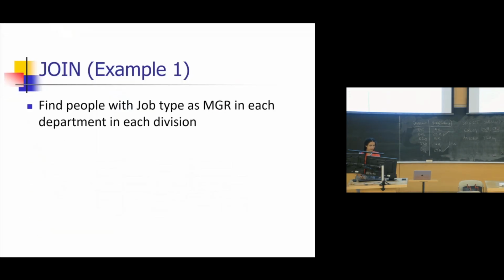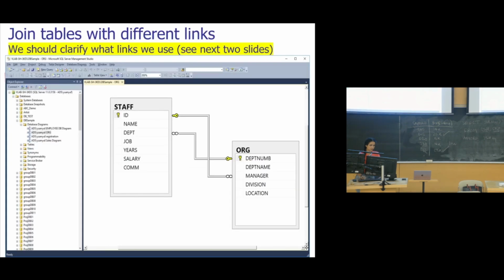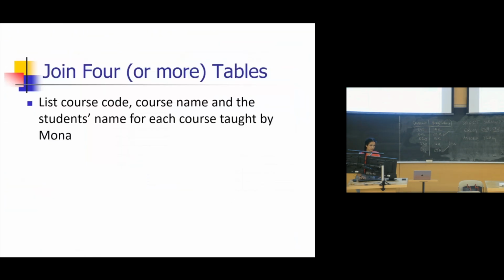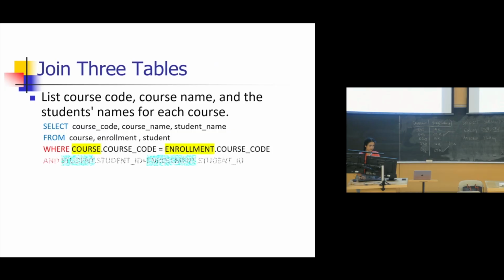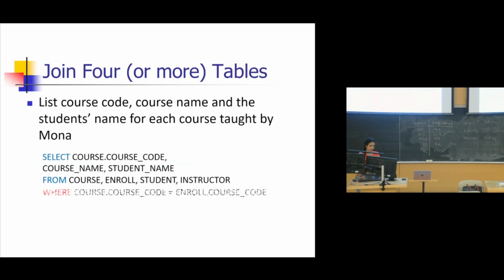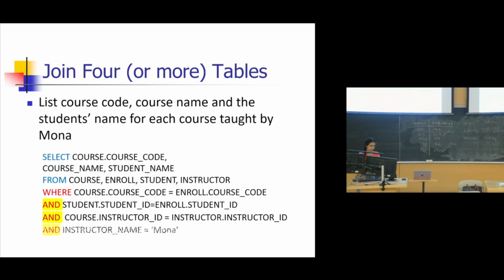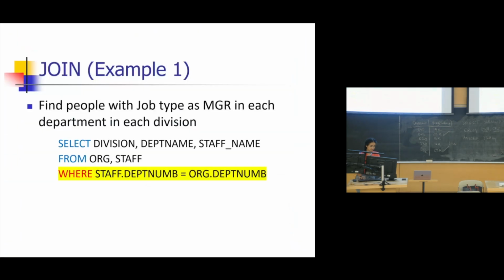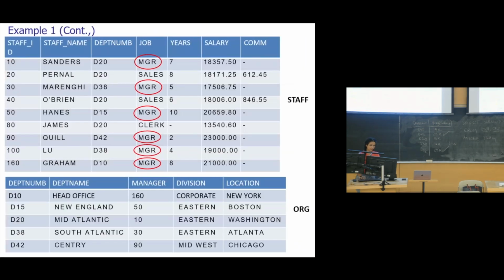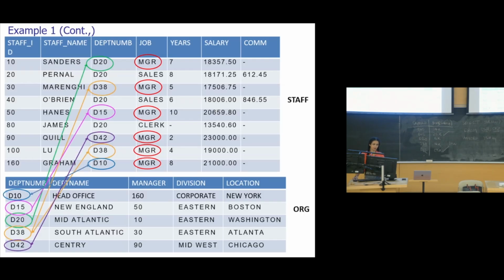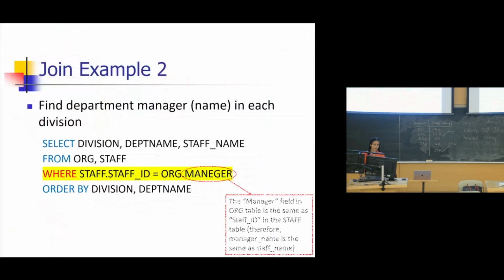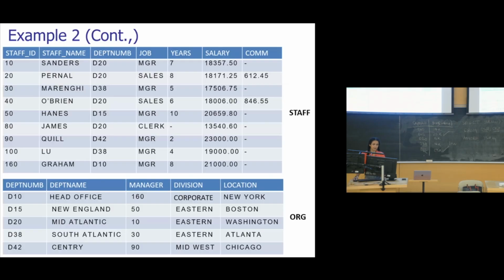So I explained here. When you join using department number, this is how it joins, right? But when you join using the staff ID and manager, which is the common field, this is how it works, right?